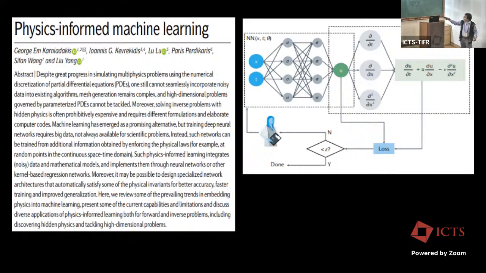So when you formulate your loss function, you will also include the error, or the value of this function, maybe with a square or some other thing, as part of the loss. So part of your loss is coming from here, that is just matching the predicted value of u with your observed values of u, but also from the physics. This is called the observation loss, and this is called the physics loss.